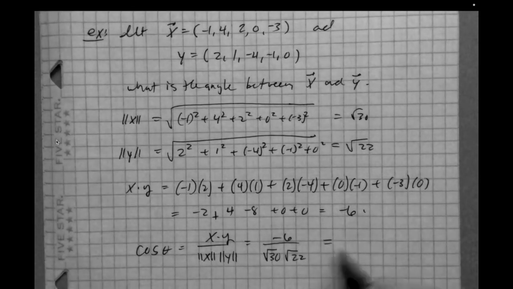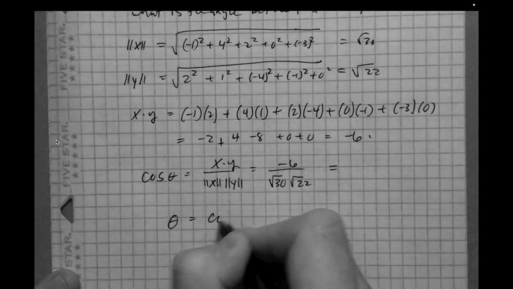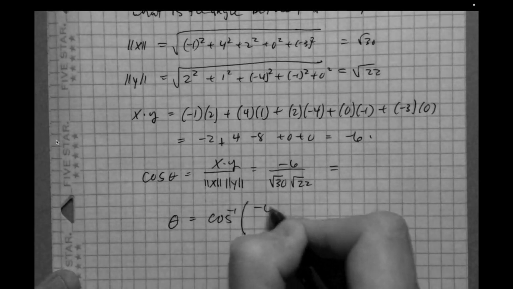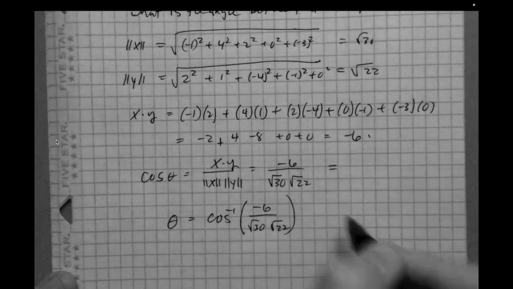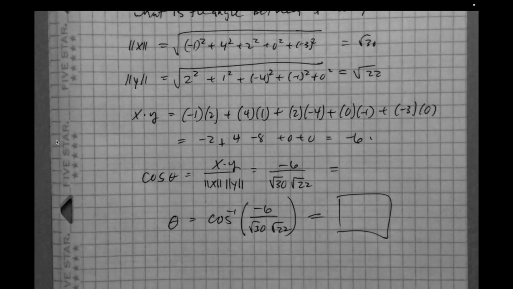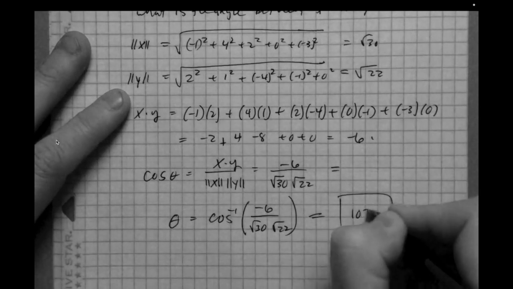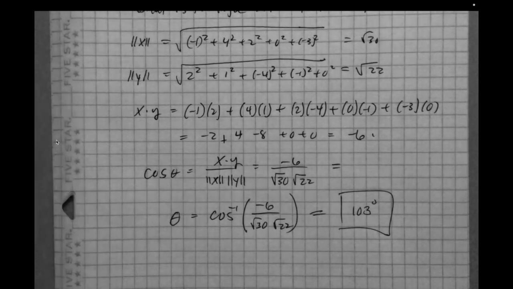That means theta, the angle between the two, is just going to be the inverse cosine of this number, which you can plug in and check. I think you get about 103 degrees. Excellent.